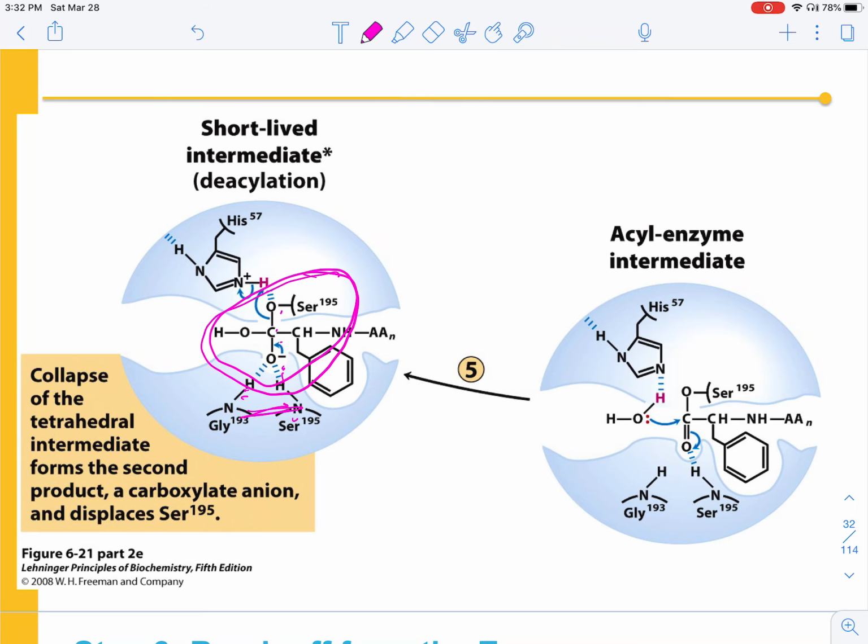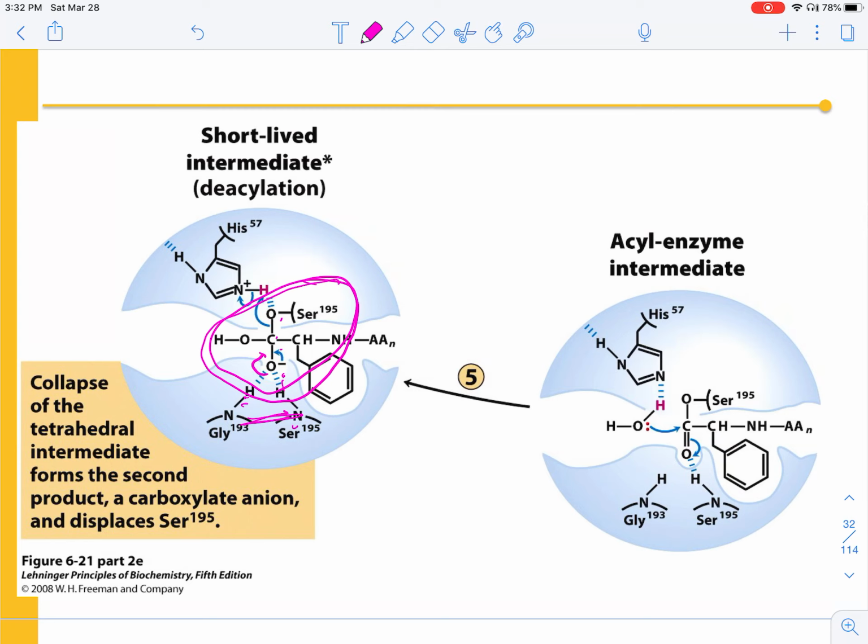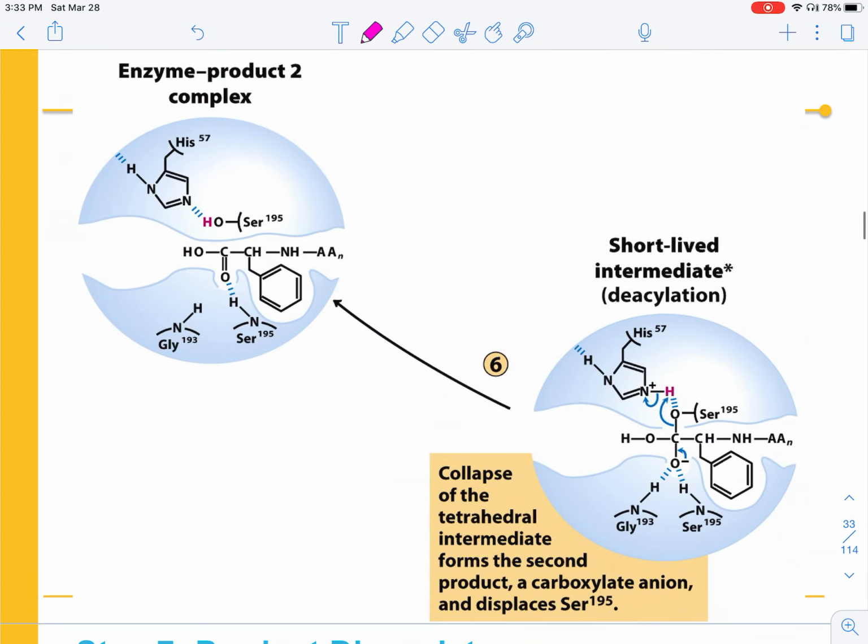And then this is going to collapse. The oxygen anion is going to reform the carbonyl group. And in doing so, it's going to break the bond between the enzyme and the substrate. When that happens, you'll also reform the bond between the now protonated histidine and the serine group. And so that's shown here.